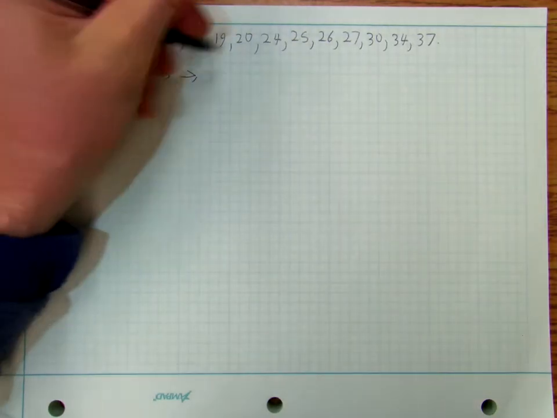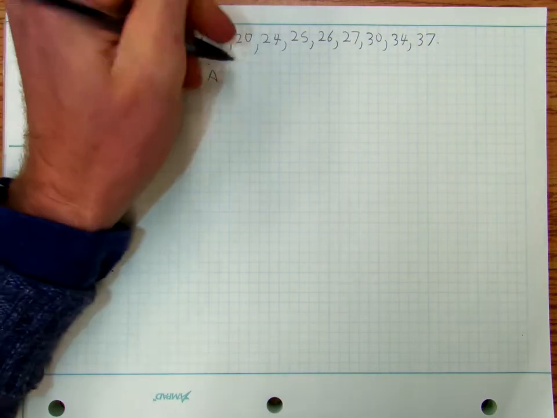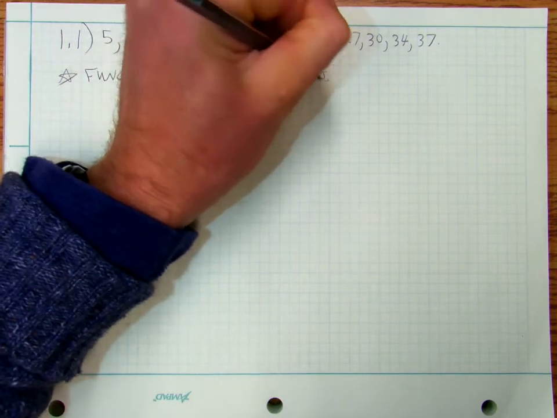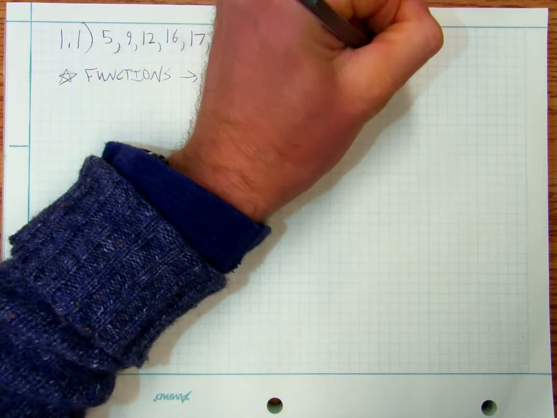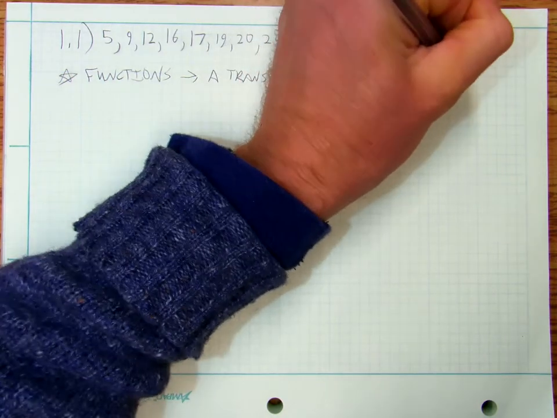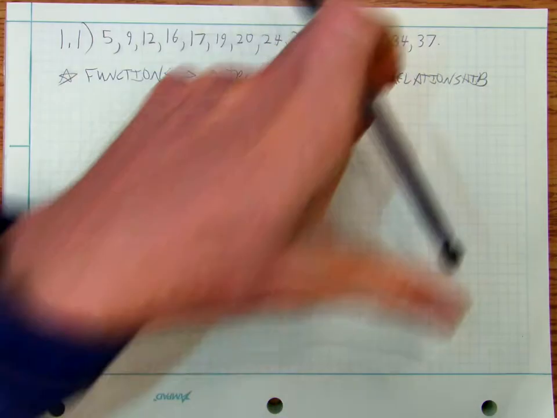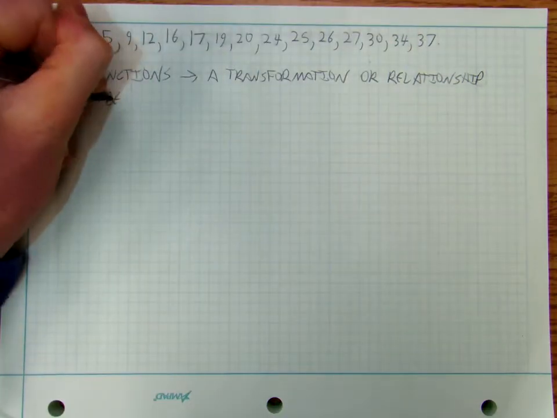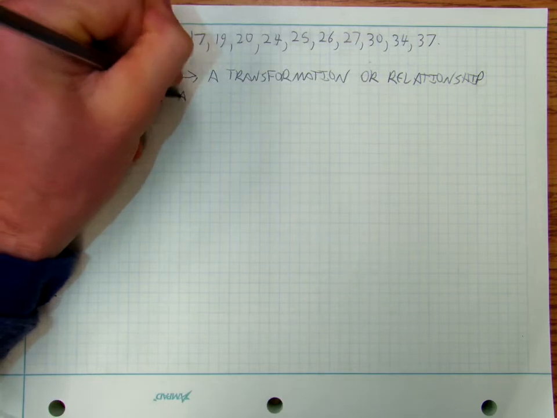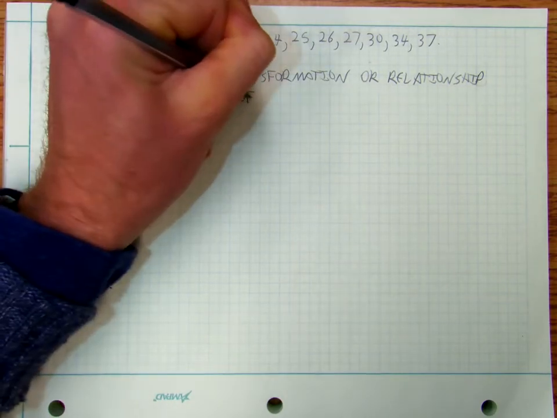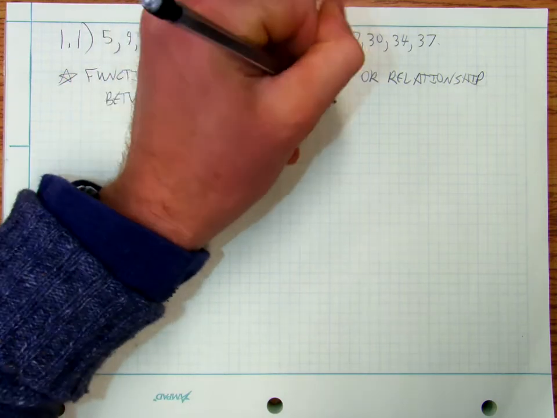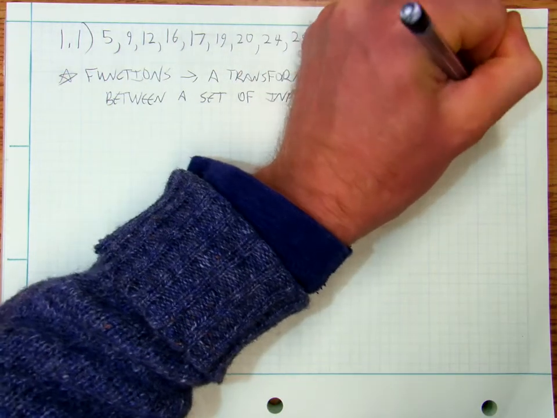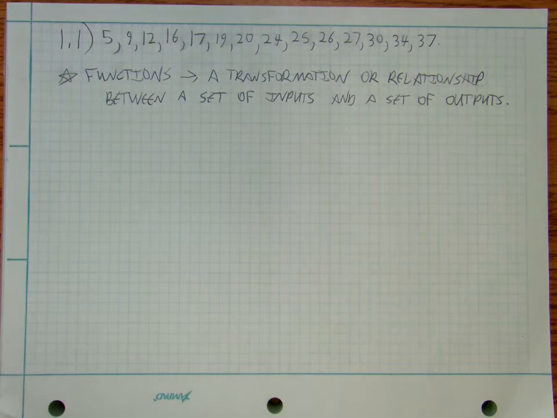Okay, so a function is a transformation or relationship between a set of inputs and a set of outputs, with an important point.